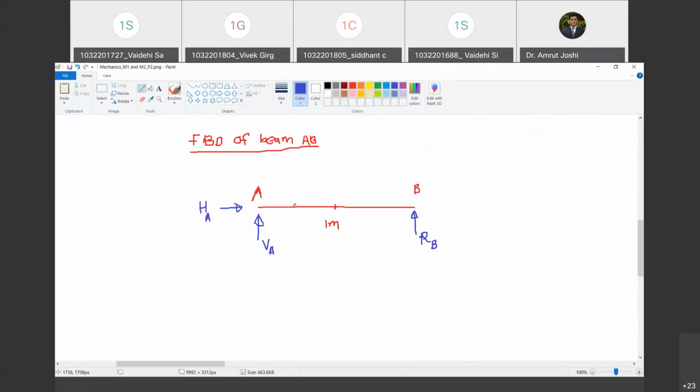That I will show here. Happy? Yes. W1. And it's not sufficient to show W1 like this. I have to also show its distance from one of the supports. Happy? Yes. And this is X1. What is W1? W1 is M1 times G.